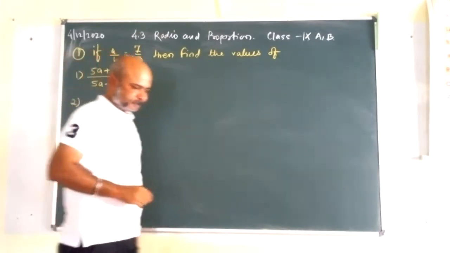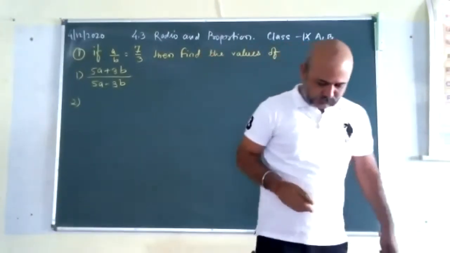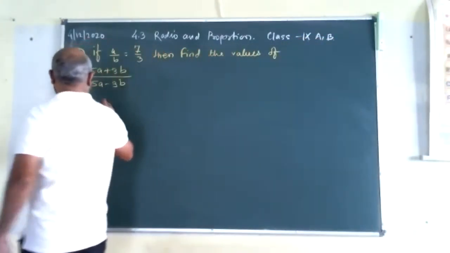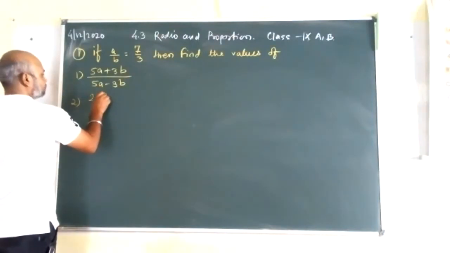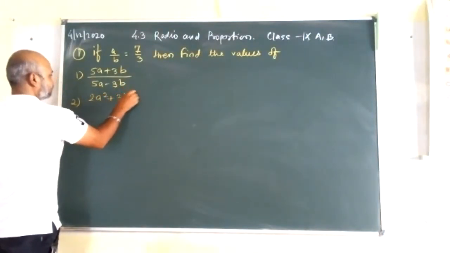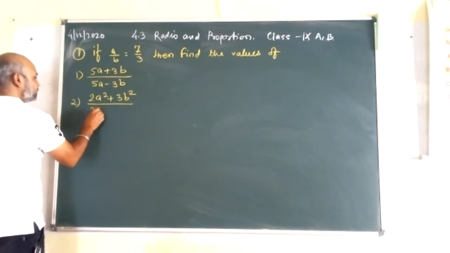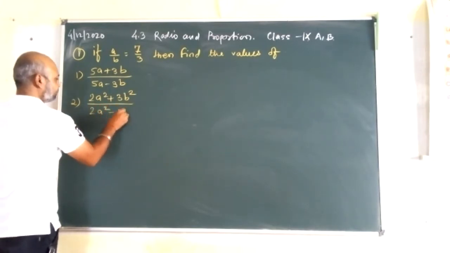Second, 2A square plus 3B square divided by 2A square minus 3B square.